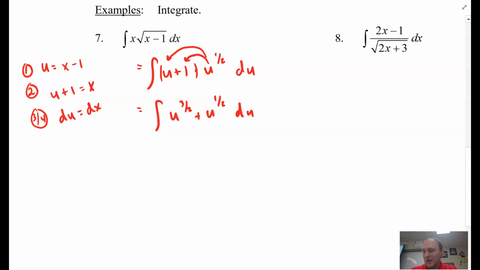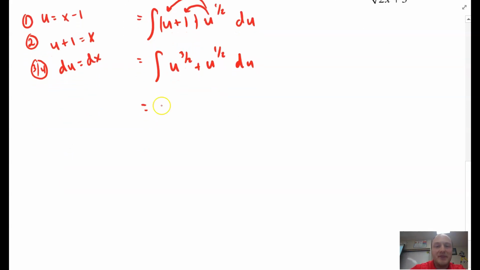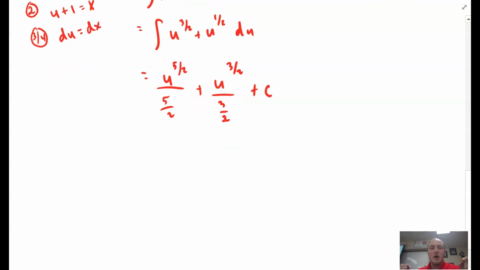And then we're going to integrate. So I have u to the power of 5/2, and I'll divide by 5/2, and then u to the power of 3/2, plus c.